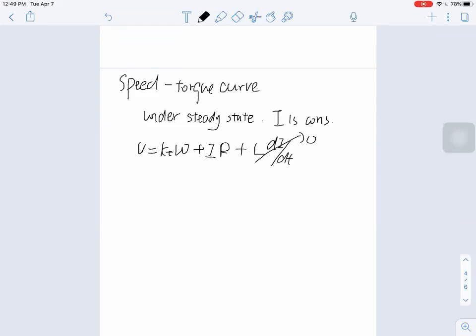And also we're going to look at how the curve looks like under a constant voltage. If that term is zero, we're only left with these three terms: V, KT omega, and IR.